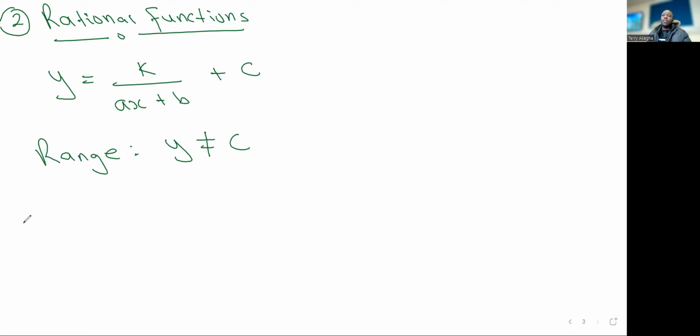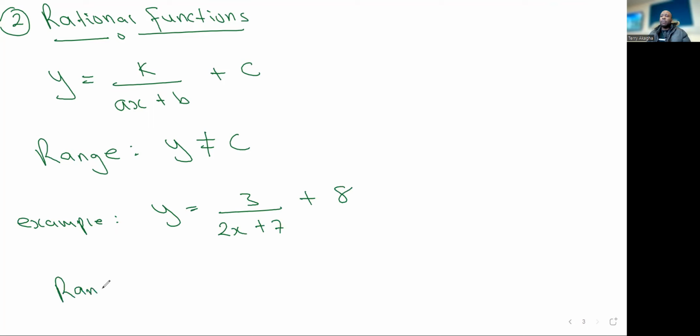For example, if you have y equals 3 divided by 2x plus 7, plus 8, and you were told to find the range, the range is y, which is the output. y is going to be all real numbers except when y is equal to 8.